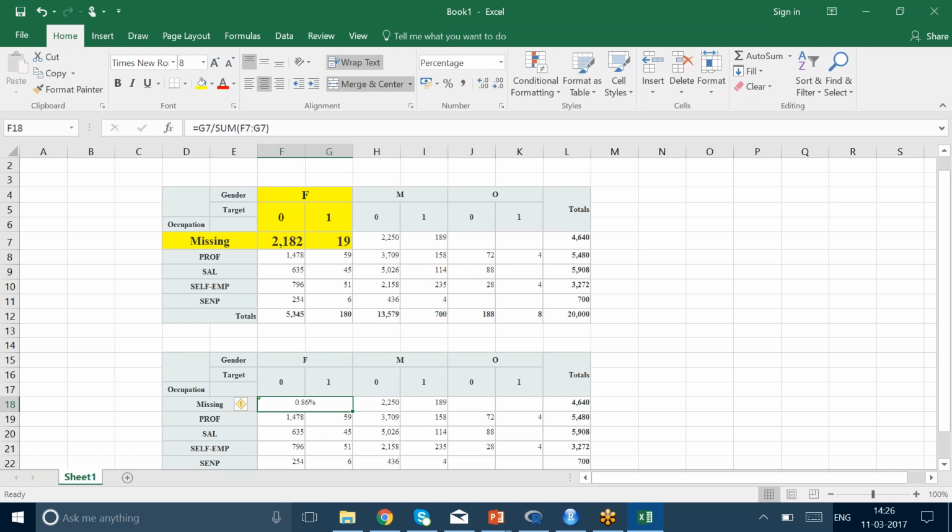Likewise, I can do the same calculation across. Here, what it shows is, if I do that same thing where occupation is missing and gender male, then the response can be 7.75. Let us put this formula across.